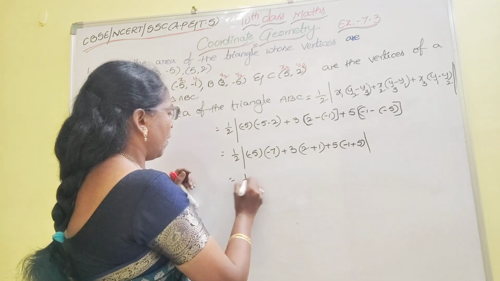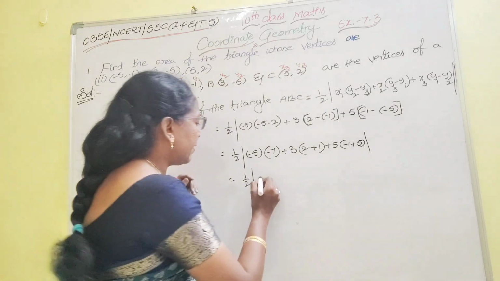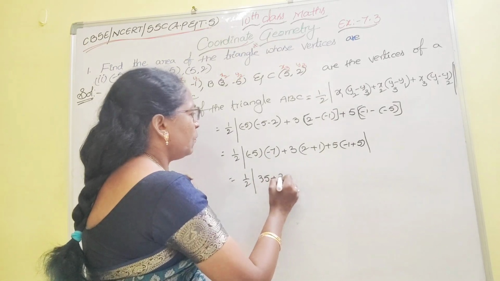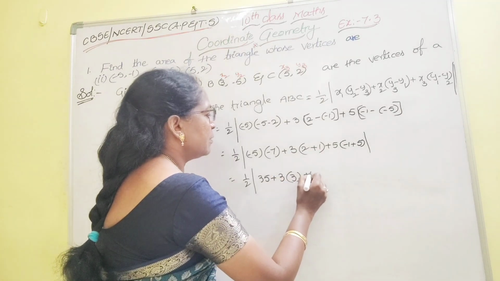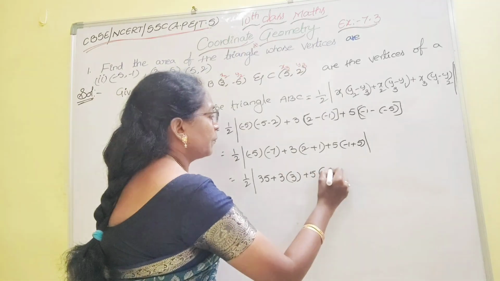That equals half modulus of minus into minus plus, 5 sevens are 35, plus 3 into 2 plus 1 equals 3, plus 5 into (minus 1 plus 5) equals plus 4.